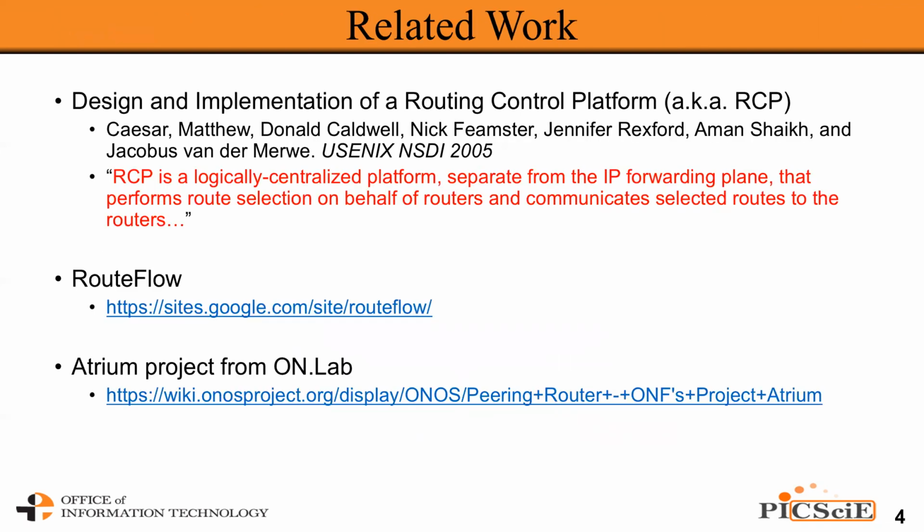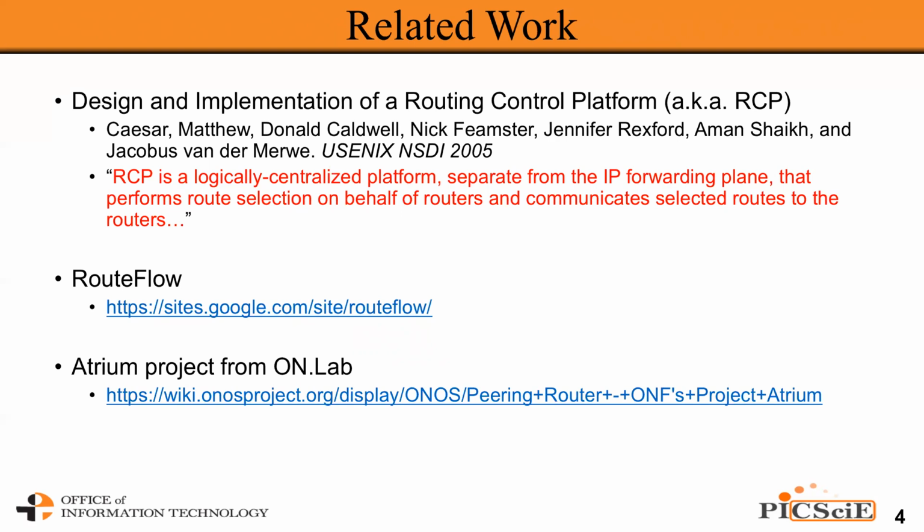Before I really dive in, I want to cite some previous related work on this subject. In 2005, there was a paper in NSDI titled The Design and Implementation of a Routing Control Platform. I thought there was a really interesting statement here, which says, RCP is a logically centralized platform separate from the IP forwarding plane that performs route selection on behalf of routers and communicates selected routes to the routers.